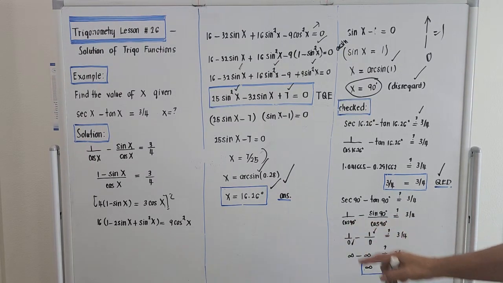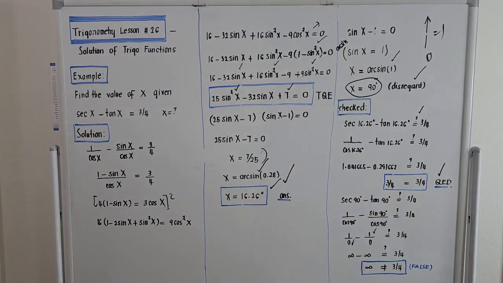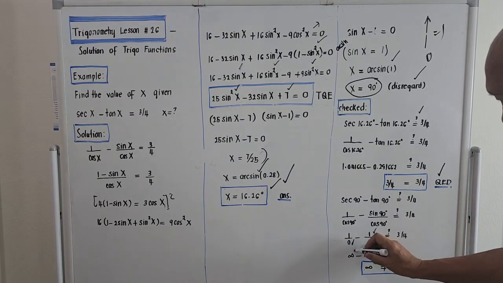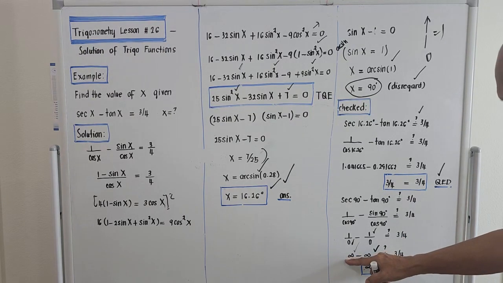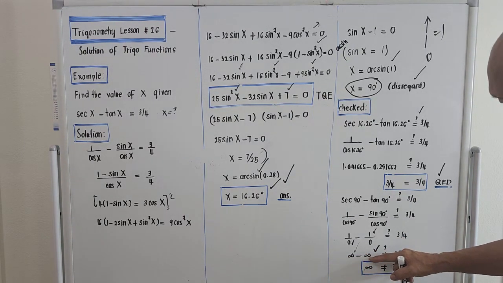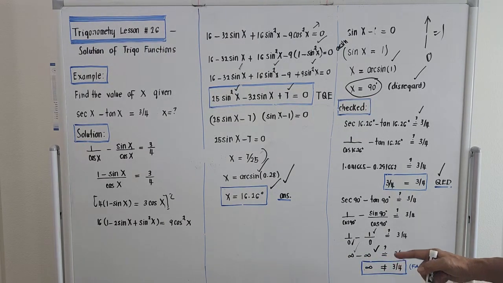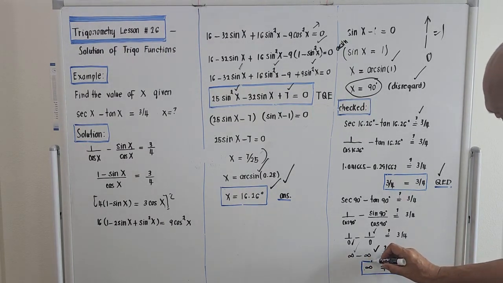1 over 0, if you try to use your calculator, will be undefined, or infinity. So I'll place it here. 1 over 0 will be undefined, or infinity, a big number. And 1 over 0 again will be infinity. And this, is it equal to 3/4? A big number minus another big number, which are not equal to each other, will still be a big number.